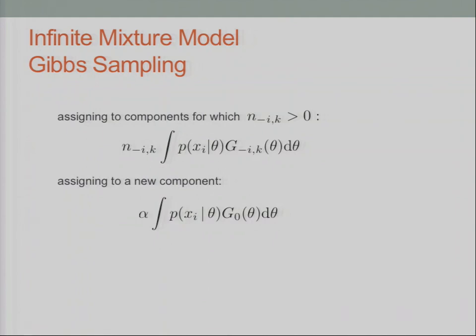And this parameter is going to have a distribution that is defined by the data points that are assigned to that component. So G minus i k theta here means it is somewhat like the base distribution, but it is like the posterior base distribution, which is conditioned on the data observed for that particular component. Okay, is that clear? Any questions about this? Okay.